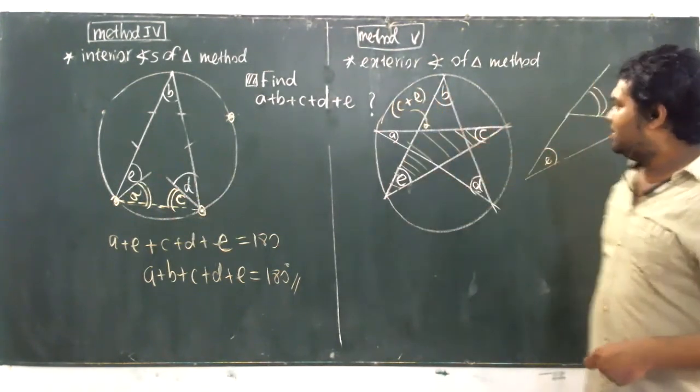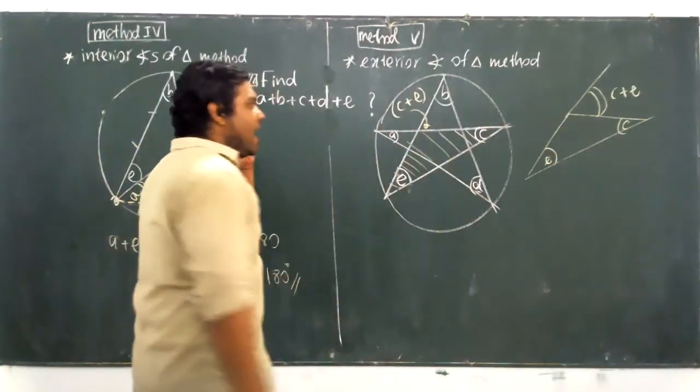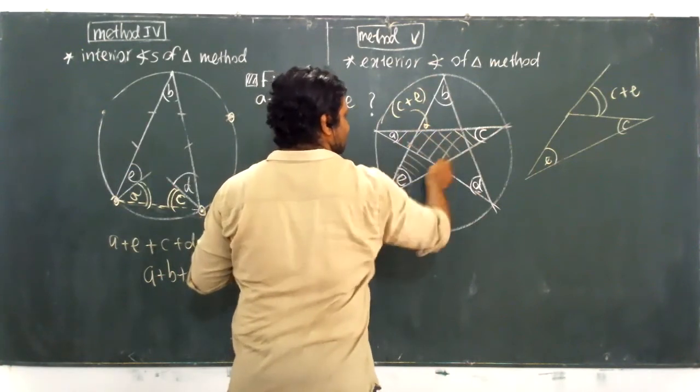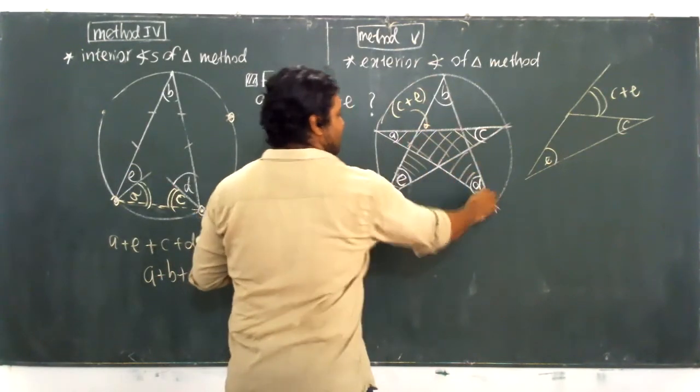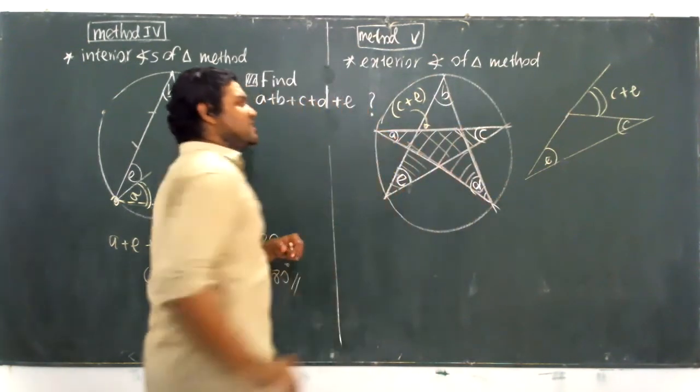And what will be the other one? Then if I highlight this way, look at this triangle. What can you tell about this?